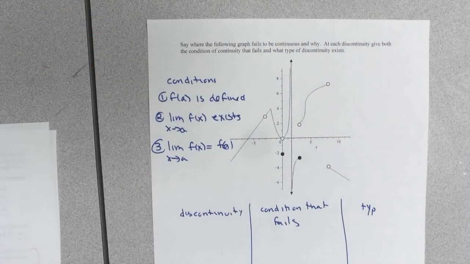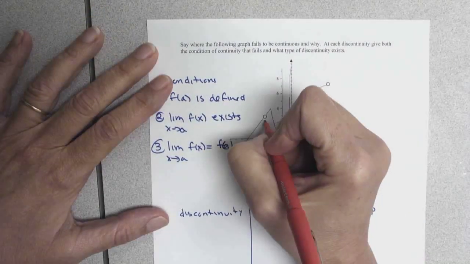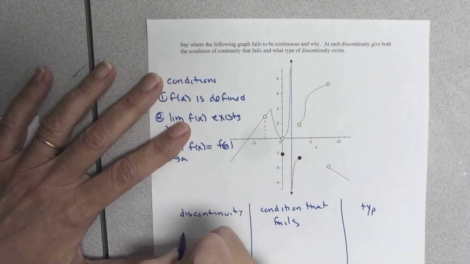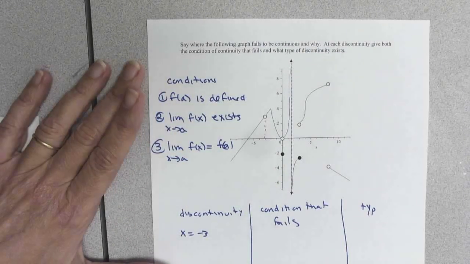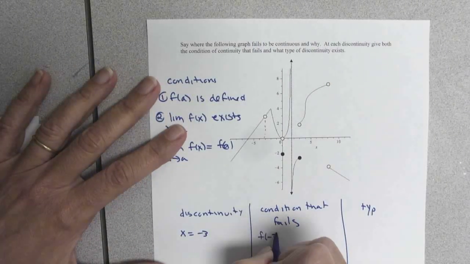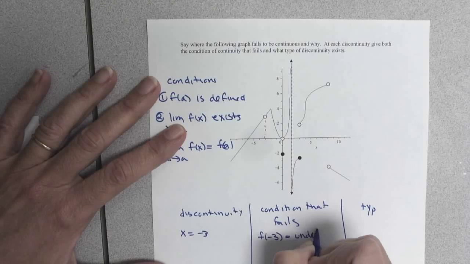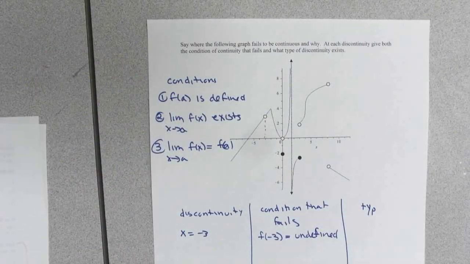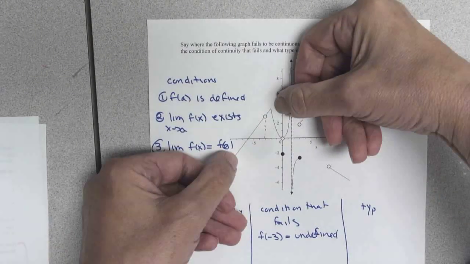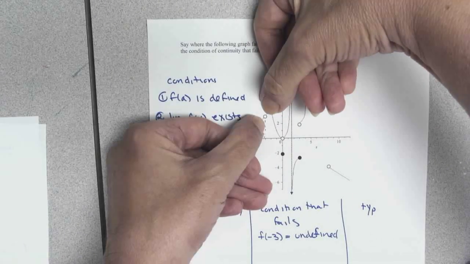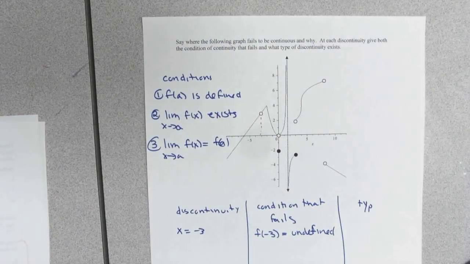Working my way left to right, my first discontinuity would be right about there at that hole. That looks like it's x equal negative 3. The condition that fails here is that f of negative 3 is undefined. The limit, if I trace both sides with my fingers coming closer and closer, looks like 3.